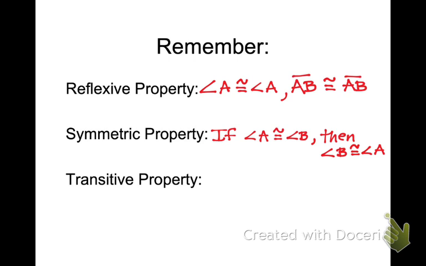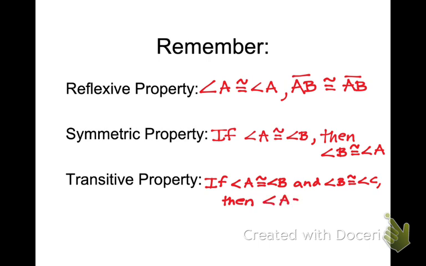And then transitive property, we had something like if angle A is congruent to angle B, and angle B is congruent to angle C, then what's true?